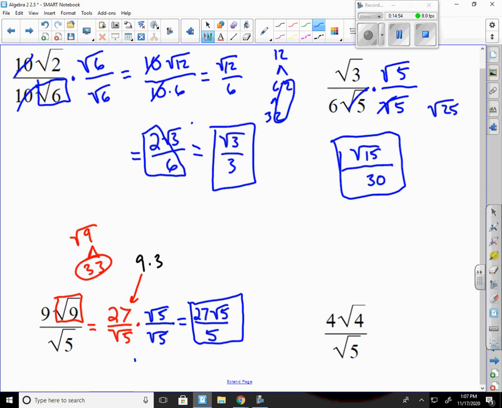So that gets rid of the root. Yep, exactly. 4 times 2. Yep.